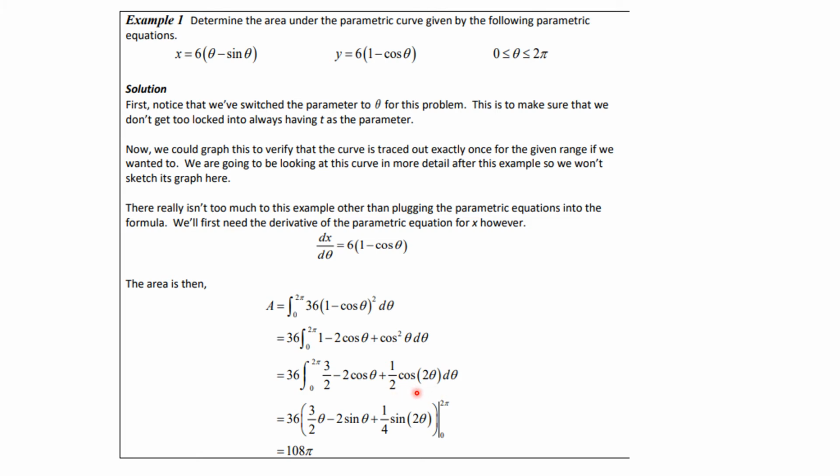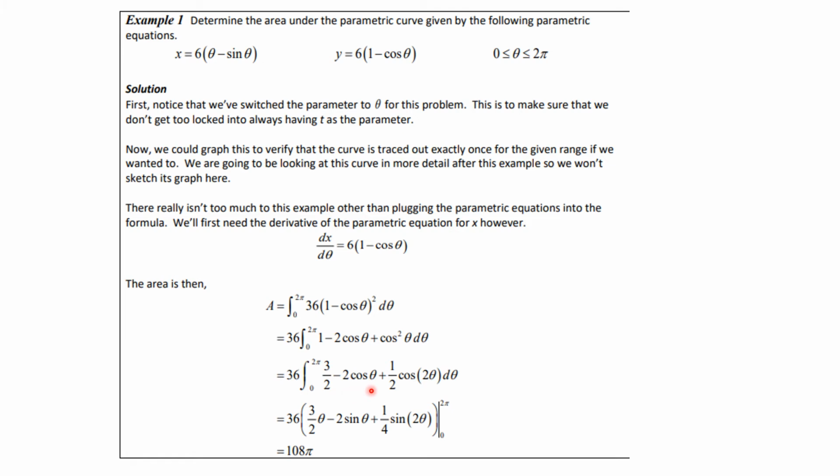Cosine 2 theta, and so we do a u substitution, and we go through, and we're going to get 36 on the outside. Since this is 3 halves, at the end of the day, this is just going to be 3 halves times 2 pi, because a constant integrated over an interval is the constant times the length of the interval.